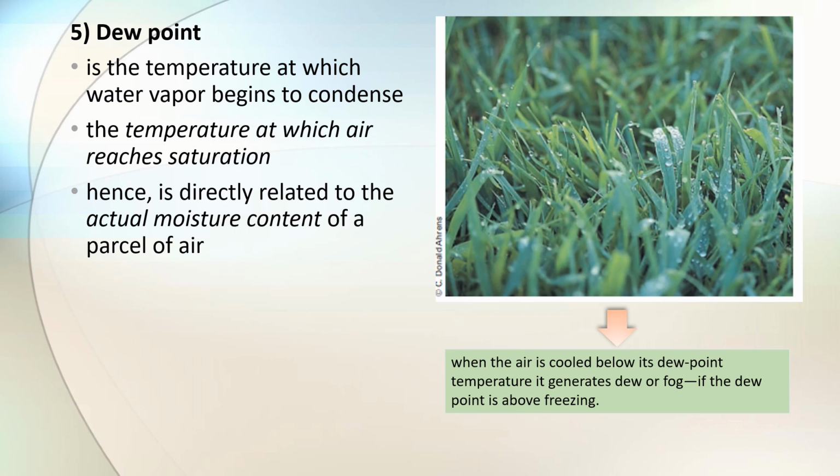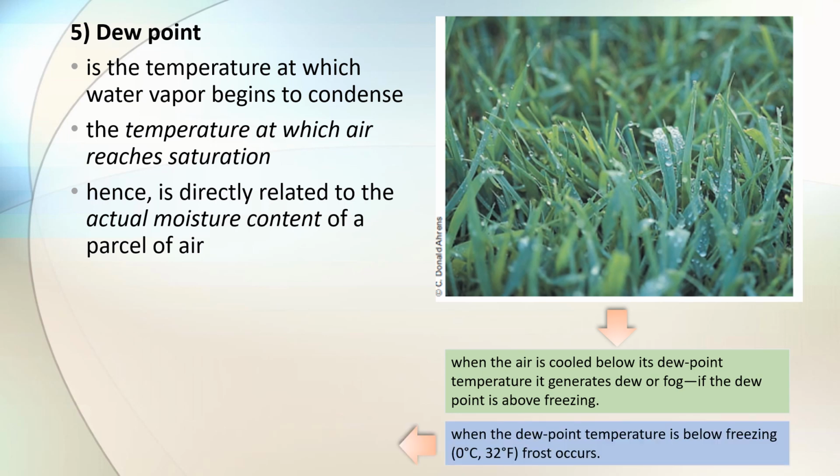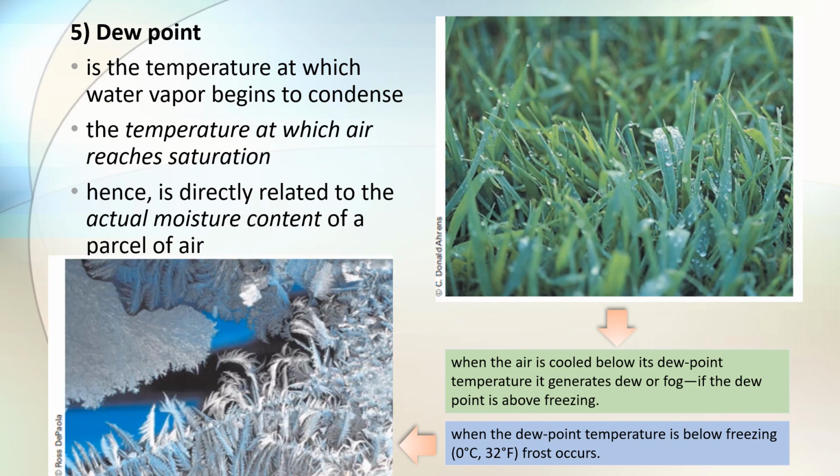If the dew point is above freezing. Because if the dew point temperature is below freezing, then it's not the dew or fog that occurs, but the frost. So here you encounter two things, the dew and the frost.